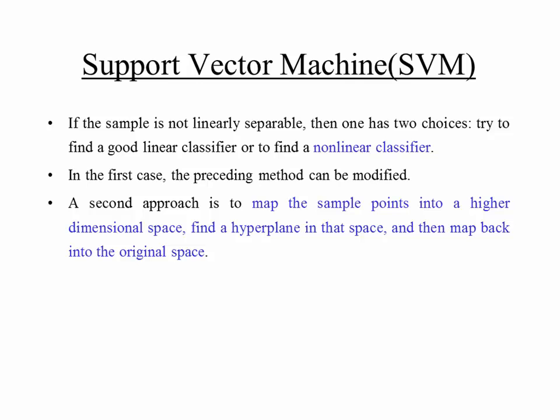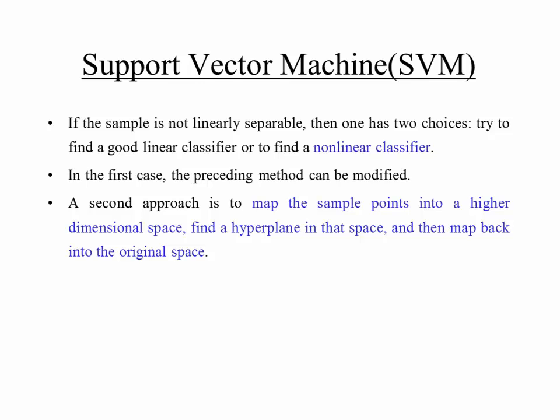Now, you can use a support vector machine if the sample can be separated using something like a line, like a hyperplane. If the sample is not linearly separable, then you have one of two choices. You could try to find a linear classifier to do an approximate job, or you can find a nonlinear classifier. So in the first case, the preceding method can be modified.